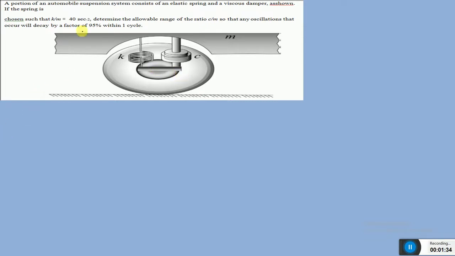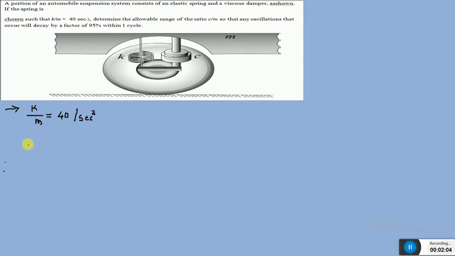So we will first note down the given data. In the problem, the K by M ratio is given. This ratio is given as 40, per second square.